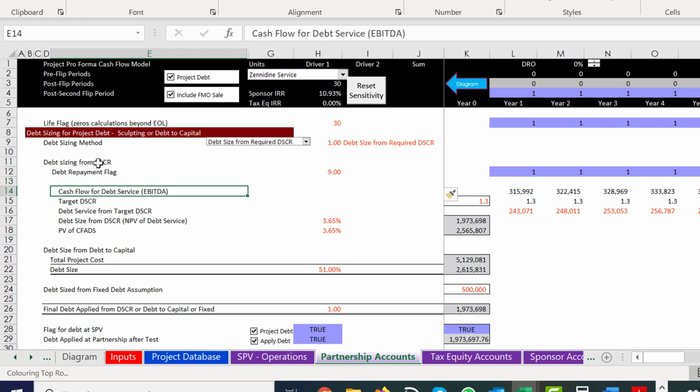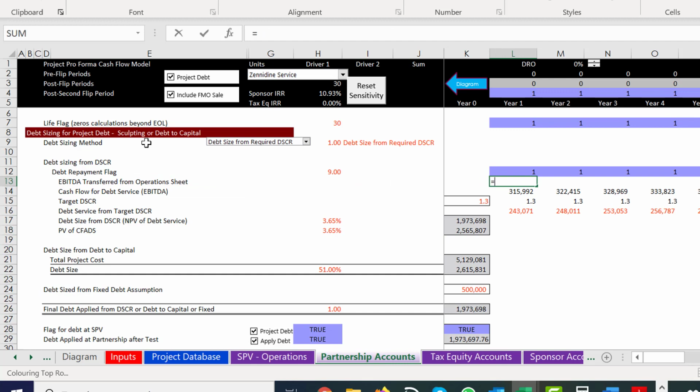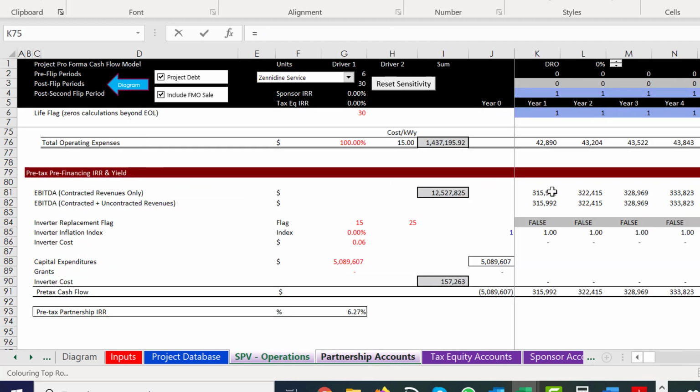EBITDA, why do I copy this like this and put, oh shoot, I didn't have EBITDA transferred from operations. Now, I'm giving myself a little excuse here, and we have all of our timelines exactly consistent.